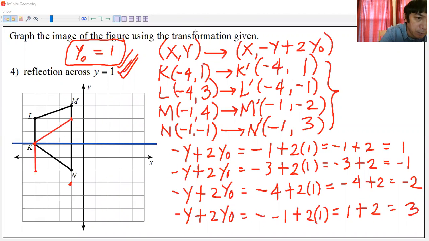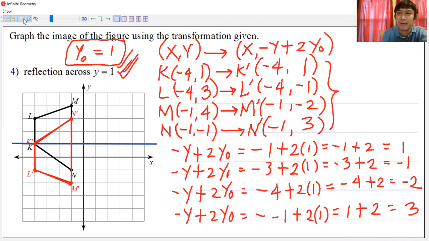And then here and there. And over here. All right, that's our reflected object. Okay. All right. So let's verify using the computer's answer. There. Okay. Close enough. All right. There. Okay.